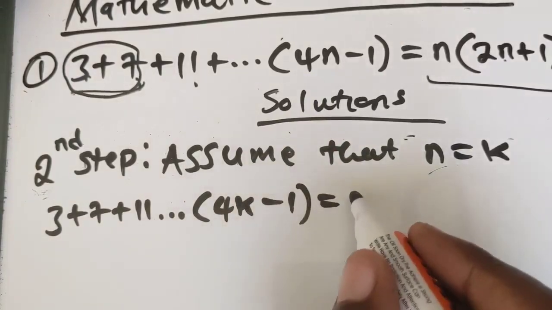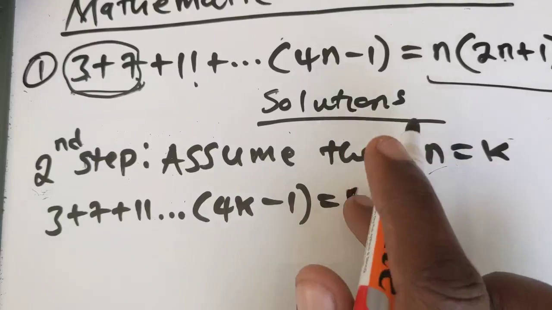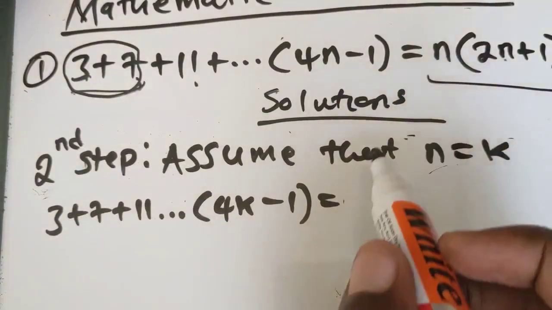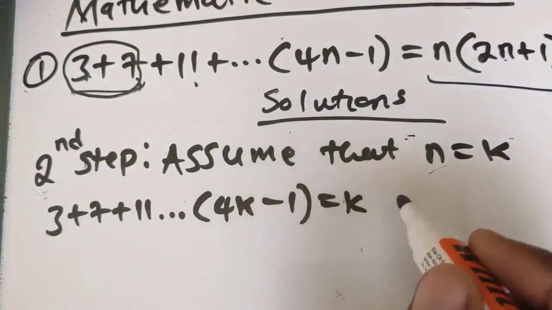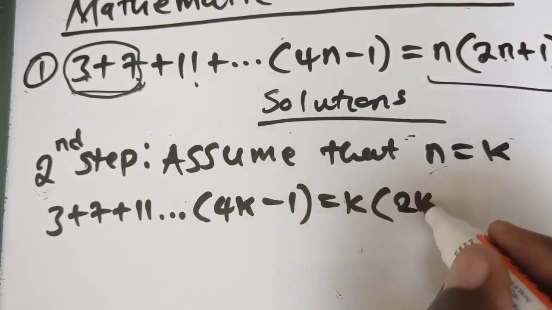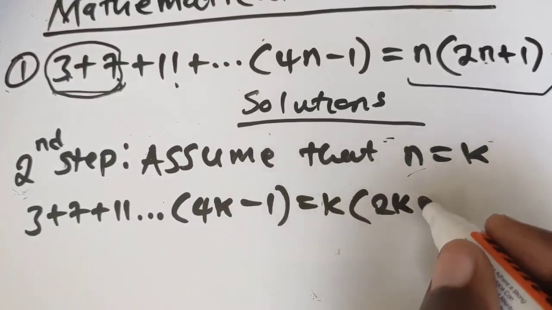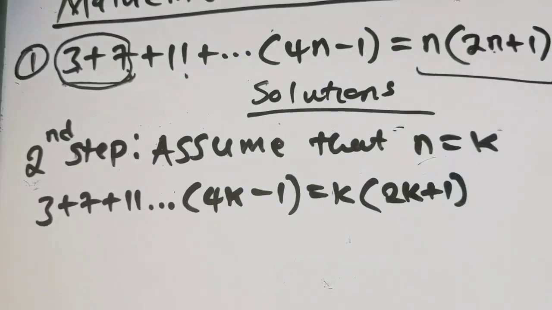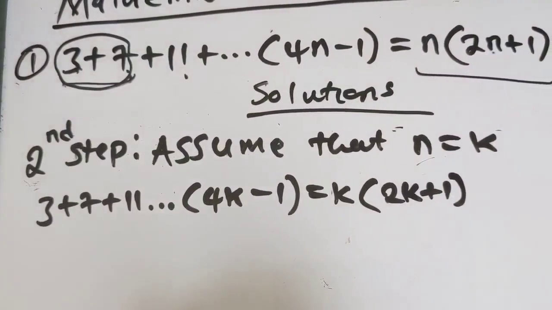Then it is equal to, oh, we'll put k here, k, open bracket, 2k, like that. Then plus 1. As simple as that. Okay, that is what to do.